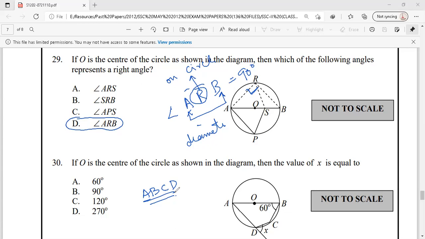The opposite angle of B is angle D, so angle D will be supplementary to 60, that is 120 degrees. To find the value of x, we know that these two angles lie on a straight line, in which this is 120 and this is angle x. The sum of all the angles on a straight line is 180 degrees, so the value of x will be 60. So the correct answer for the last question of this paper is option A.